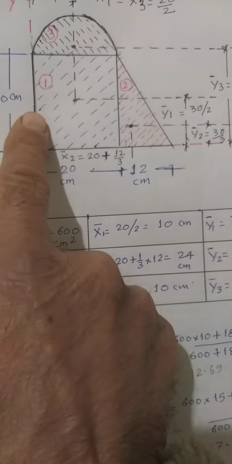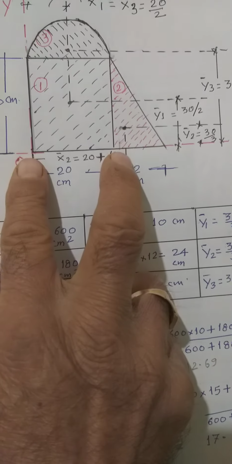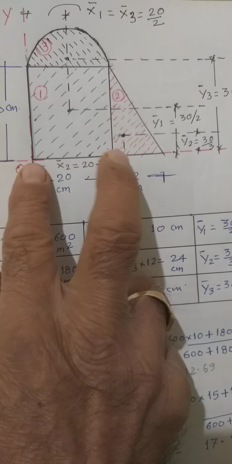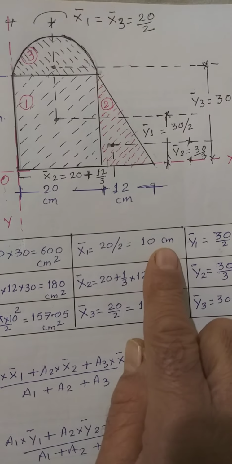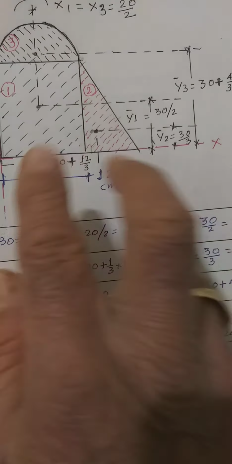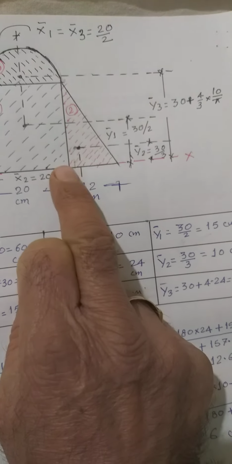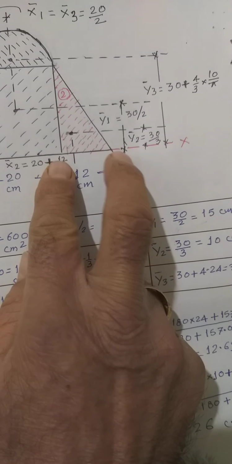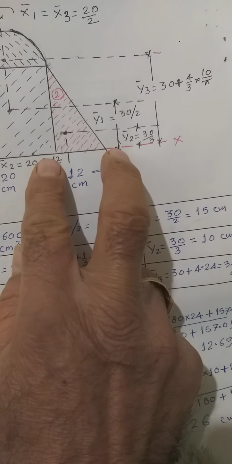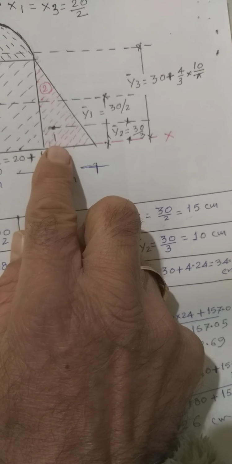So X bar 1 lying from here, this total is 20, so it is 20 by 2, that is 10 centimeter. Now this distance is 1/3 of this distance, which is 12 centimeter, so 1/3 will be 4 centimeter over here.